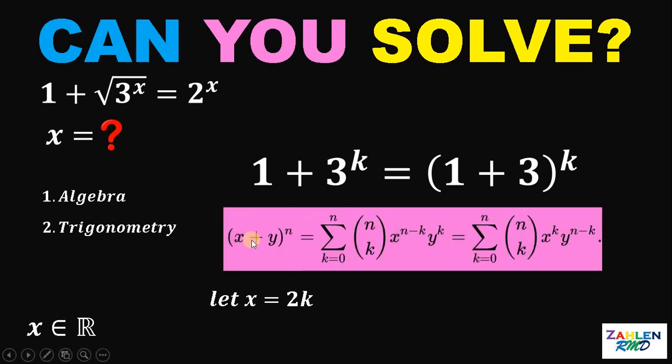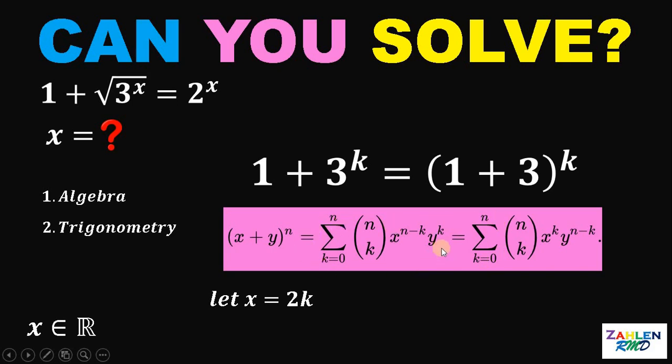So if we have (x plus y) raised to n, it is equivalent to the summation of n choose k times x raised to n minus k times y raised to k as k goes from 0 to n. Or it is equal to the summation of n choose k times x raised to k times y raised to n minus k as k goes from 0 to n.